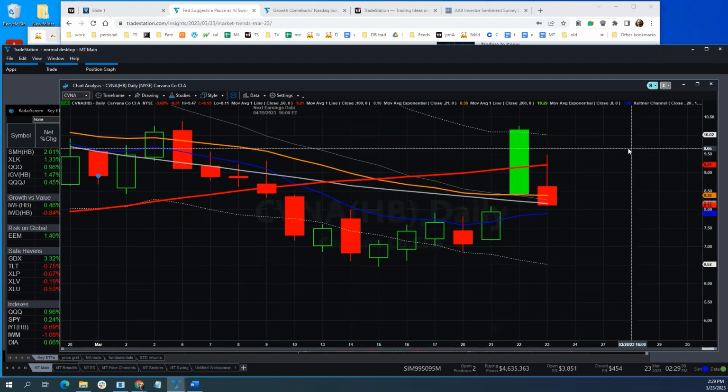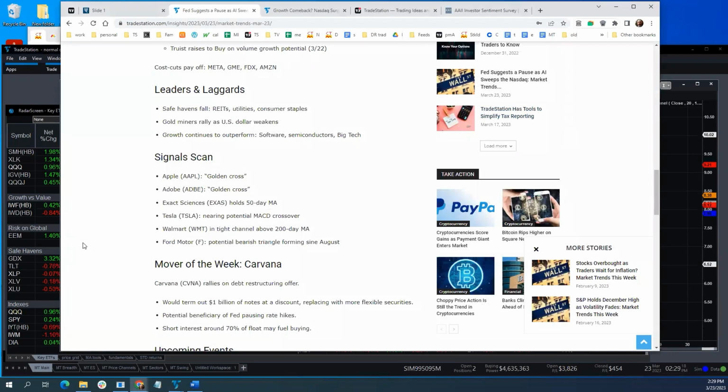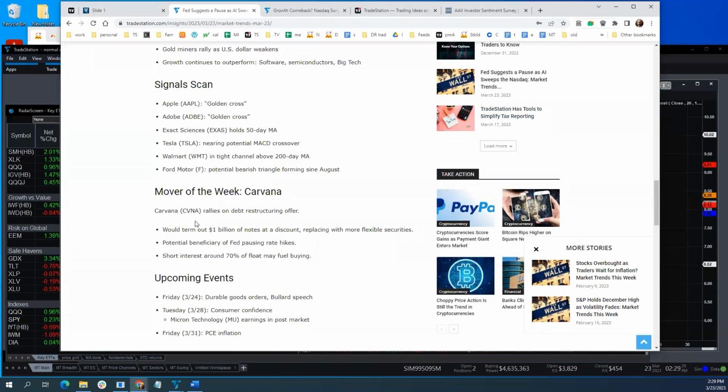But this market is not holding the way I was expecting earlier, so I wanted to point that out. Here's something I want to mention. They have this thing going where they're going to try and get people to term out debt. Now the thing is, it's not clear that the creditors will accept it.